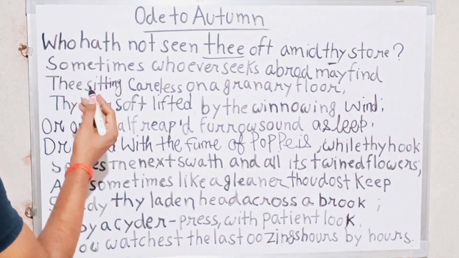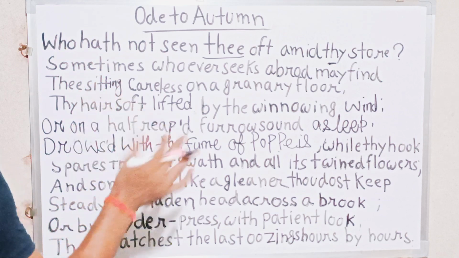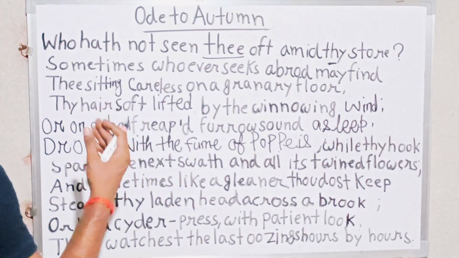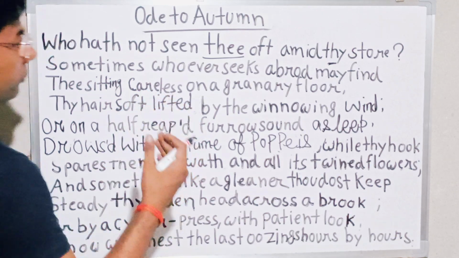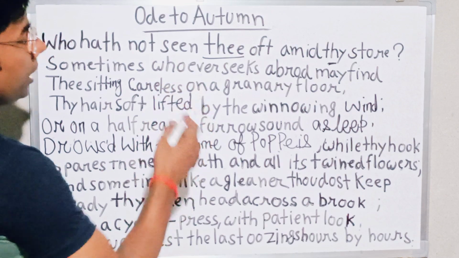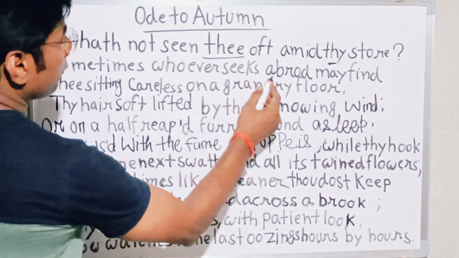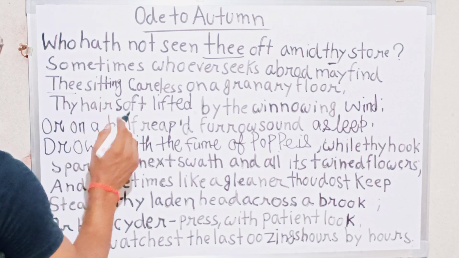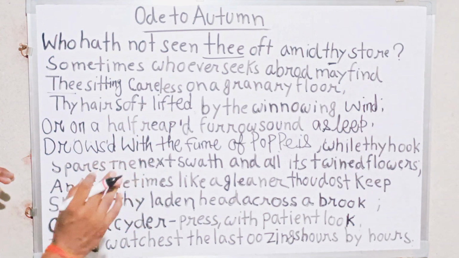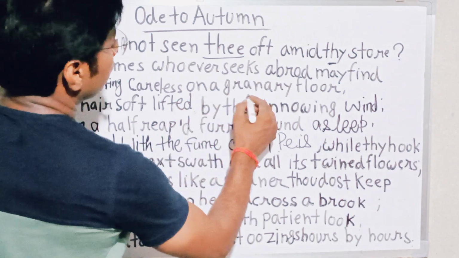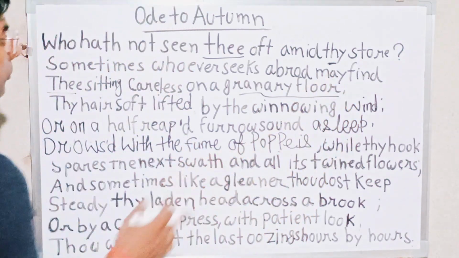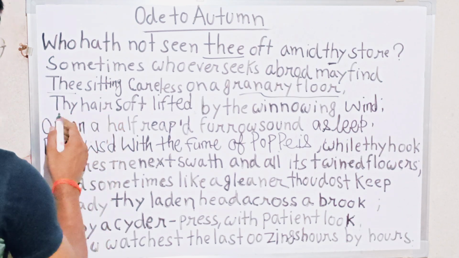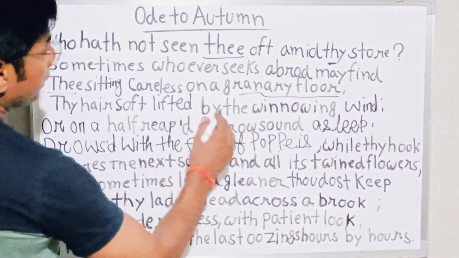So he says, sometimes if any person, just going somewhere else, moving out of his own town or village or country, can see you, he says, seeks abroad may find, may see thee, means you, means autumn, sitting careless in a very comfortable, casual manner on the granary floor, that very particular place with the grain collected there. Thy hair soft, lifted by the winnowing wind.